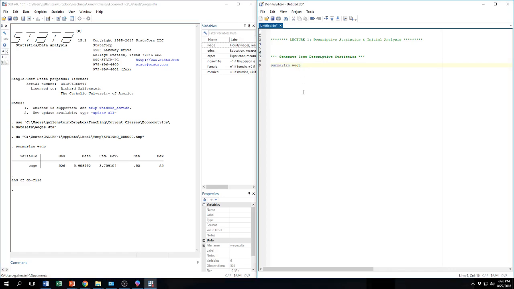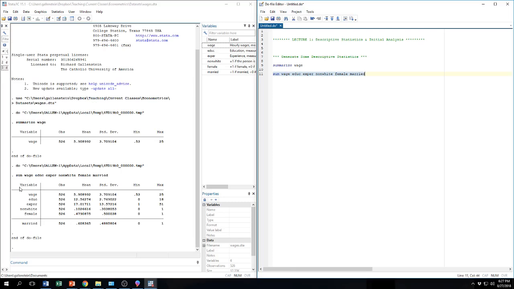Now let's say that I want to generate some descriptive statistics for all the data in my data set. I'm just going to write this in a separate line. Like I said, you can abbreviate the command summarize, and I never write it out because I can't spell it. I'm going to list out all the variables in my data set: non-white, female, and married. Now let's select that.